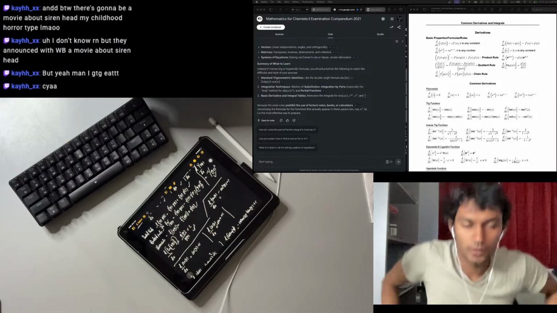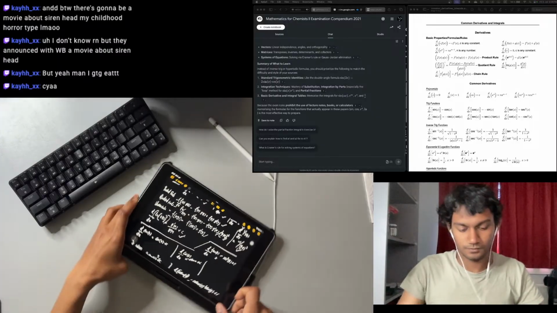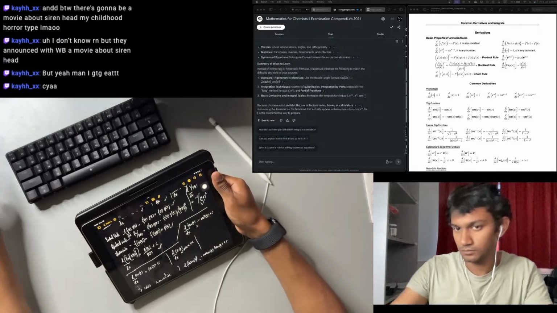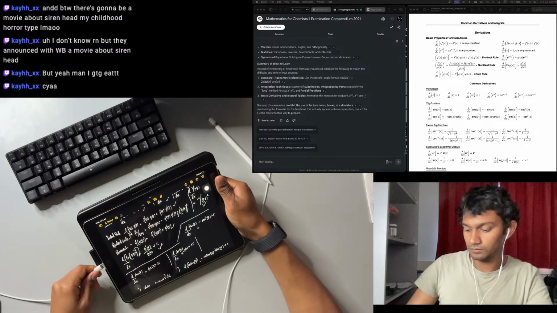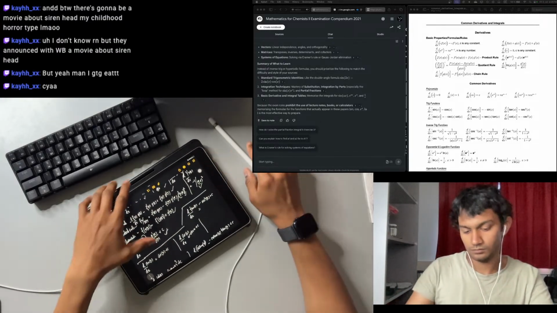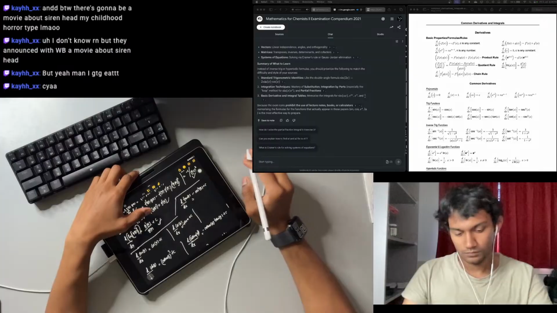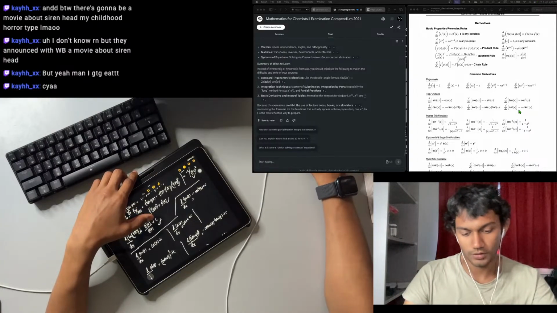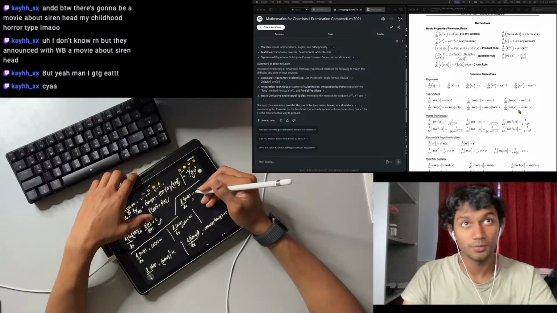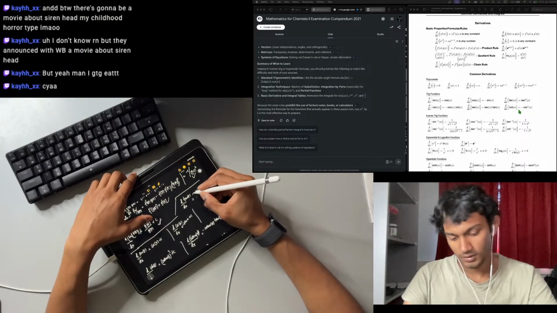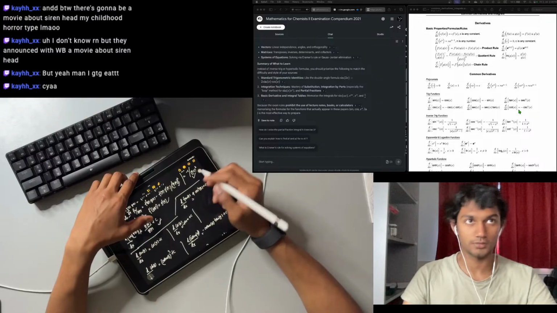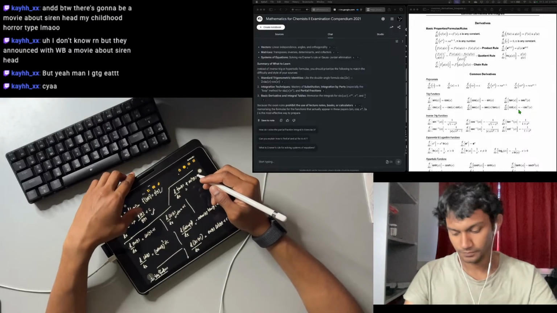Charge this. Tan inverse. No, tan is sec square. Minus? You put a minus up there, bro? No, the minus is for cot.